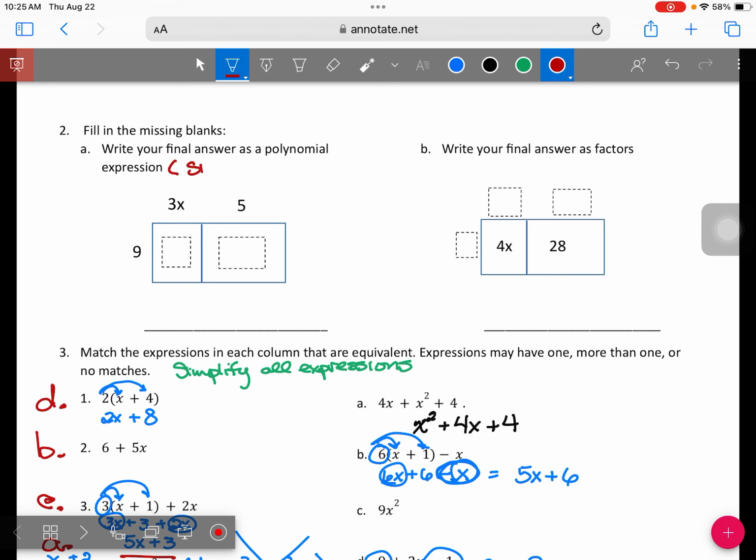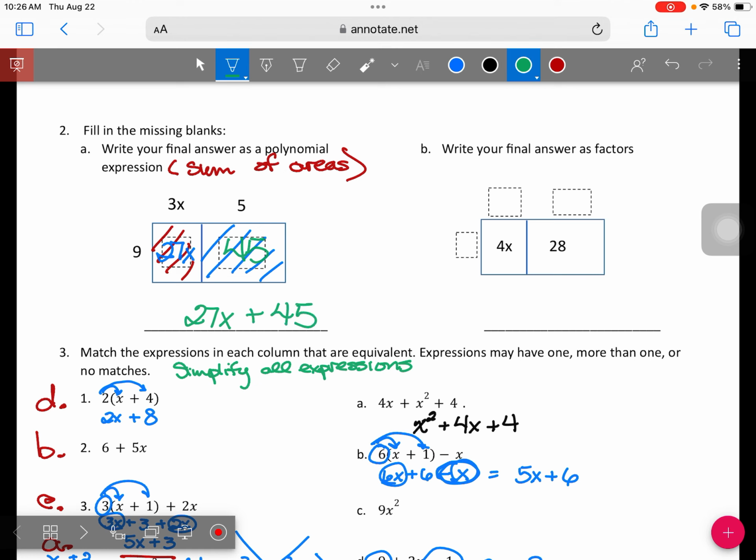In other words, a sum of your areas. So what is the area of this first figure? 27x. What is the area of that figure? 45. And so the sum of my areas, or the polynomial expression, would be 27x plus 45.